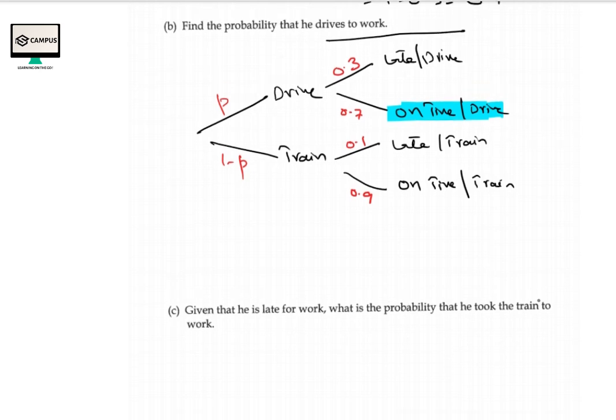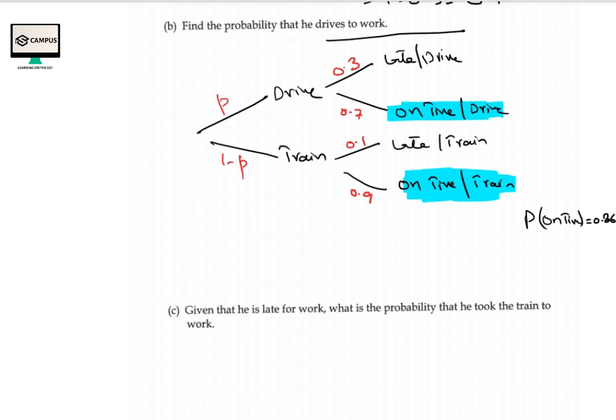Now let's utilize this information and the probability of being on time. If we have a look at this tree diagram, Chin can be on time at office when he drives or when he takes a train, based on their respective probabilities, obviously. So these are the two events when Chin can be on time at office.